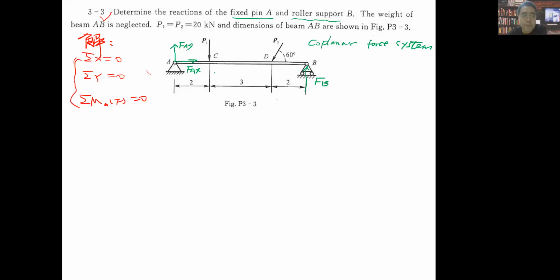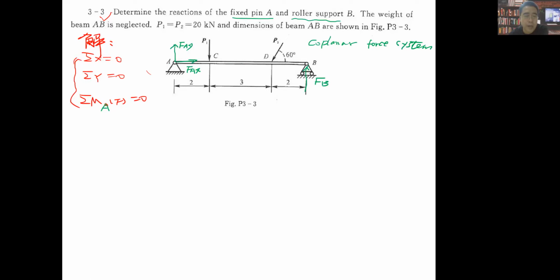We do not have to select points on part AB, but in many cases, we will just select the point on the part, right? So we can select a point like point A, giving the equation sigma MA(F) equals 0. That means for all the forces acting on this part, the sum of moments to point A also should be 0 if it is under the condition of equilibrium, right?